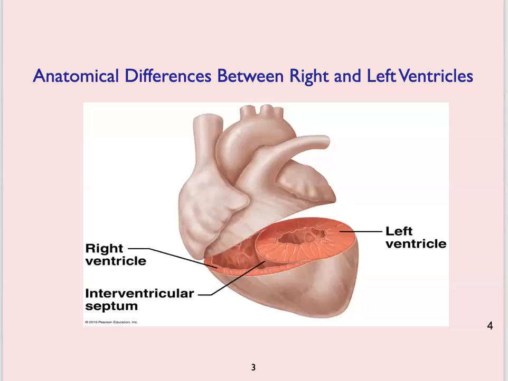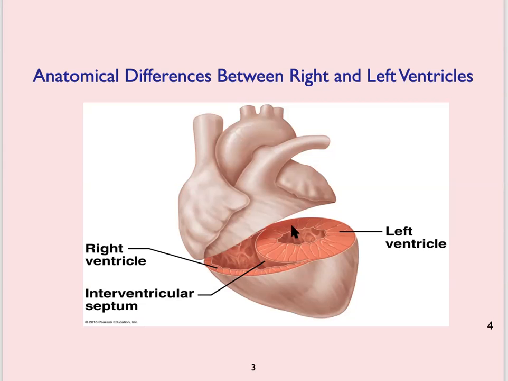This is a reminder of the anatomical difference between your right and left ventricles. Normal pressure inside the systemic circulation is much higher than pressure inside the pulmonary circuit. And so the muscle in your left ventricular wall is much thicker than that on the right ventricular wall.